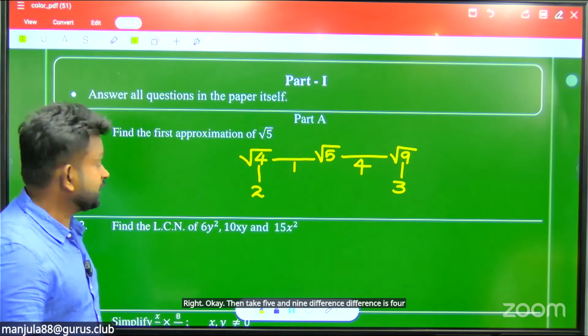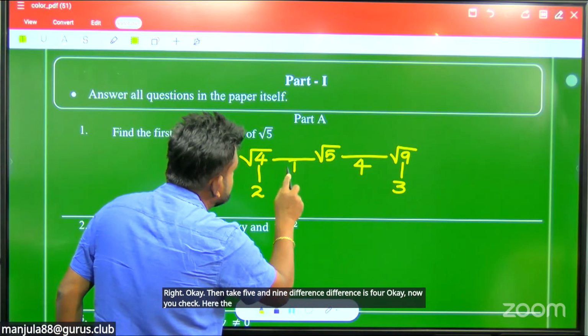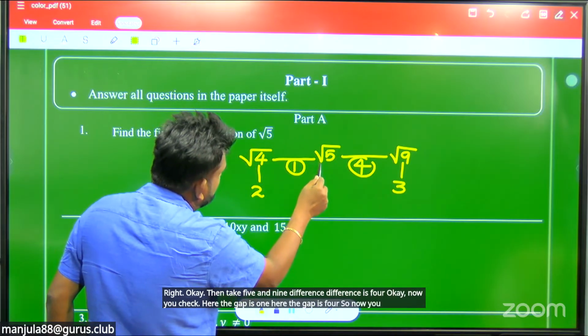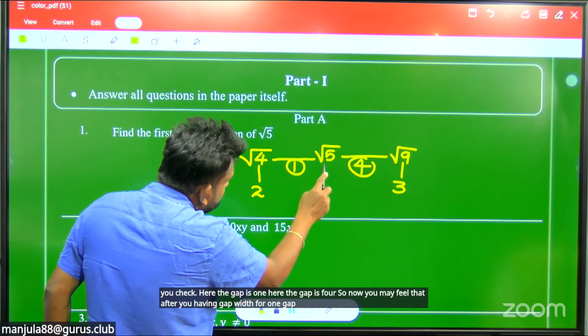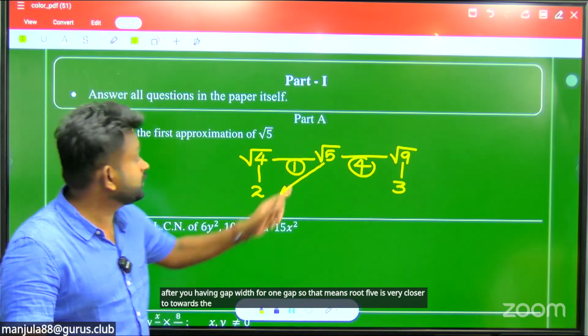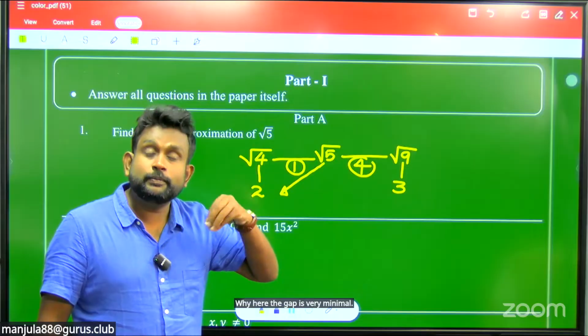Here the gap is 1, here the gap is 4. So root 5 is closer to 2, not to 3. Why? Here the gap is minimal.